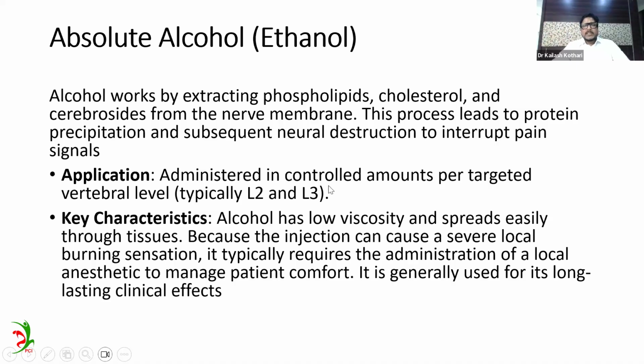So it is administered in controlled amount at each level. Normally when I'm using alcohol, I use around 3 to 4 ml at each level, L2, L3, and L4. But if I want to inject with one needle technique, I can inject around 10 to 12 ml, up to 15 ml I can inject. We need to see properly that it is spreading at all levels, especially L2 to L4.